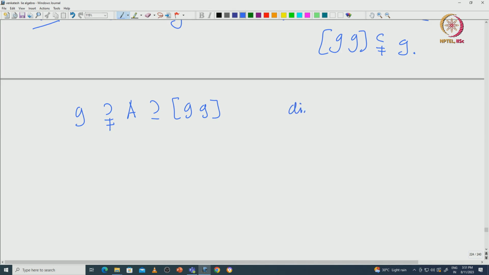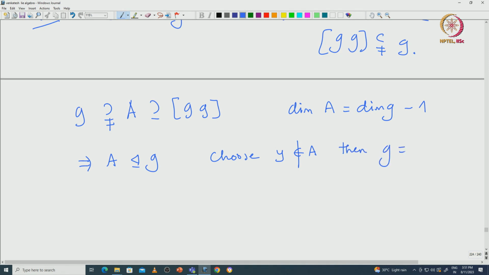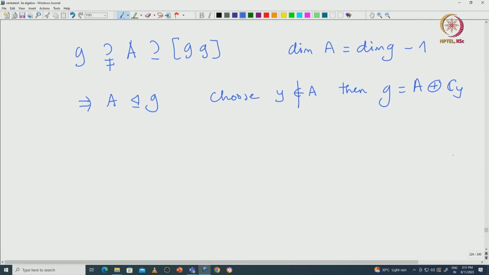So, the dimension of A is dimension of G minus 1. Then it is immediate that A must be an ideal inside G. Choose y not in A. Then G will be equal to A plus Cy. This is all like the argument that we gave before.